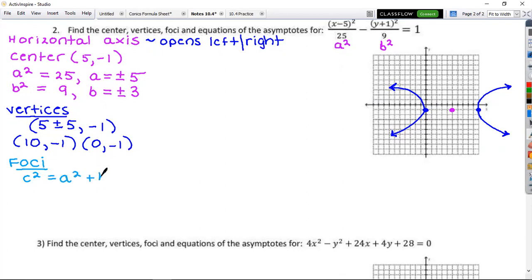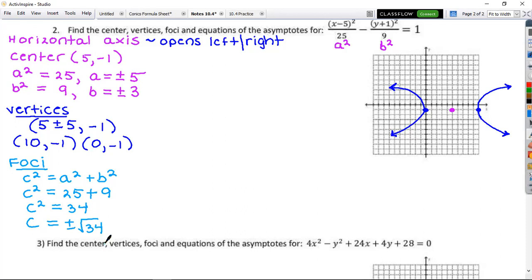A squared we just used here. So a squared is 25, and b squared was right off your equation, so that was 9. So c squared is equal to 34. So therefore, c is equal to plus and minus the square root of 34.